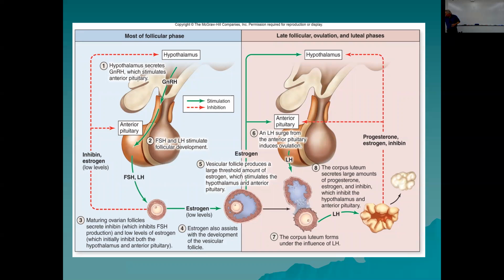But notice right near ovulation, you see estrogen is now in green, has green arrows, and it is stimulating the anterior pituitary and hypothalamus. And then afterwards, progesterone, estrogen and inhibin will inhibit the hypothalamus and the anterior pituitary. So it's a complex relationship between these hormones in this axis.